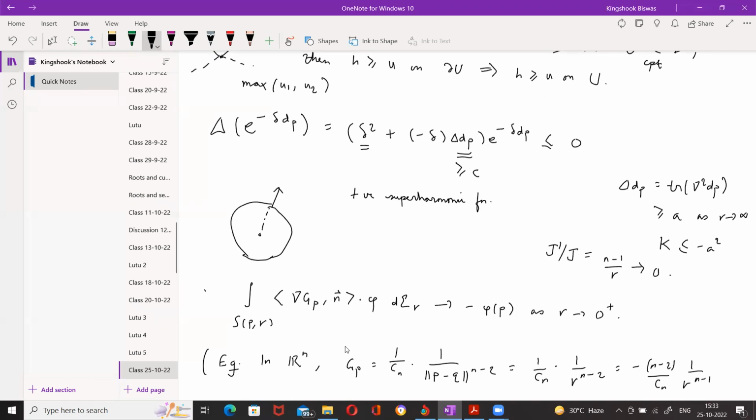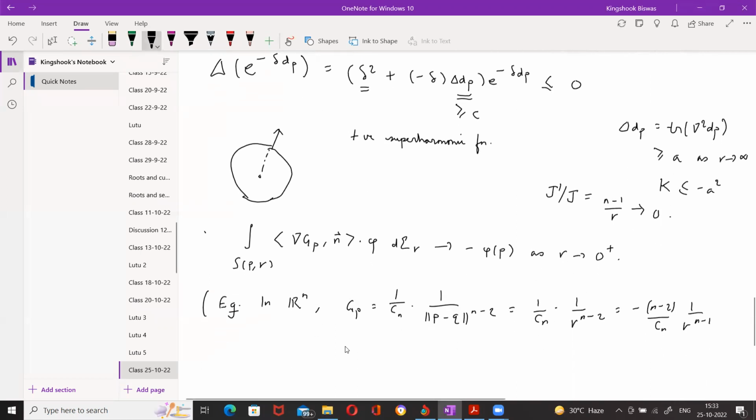So when I integrate, this r to the n minus 1 will cancel with this r to the n minus 1. So the integral over the sphere of radius r will be minus a constant C over r to the n minus 1 times φ dσ_r.